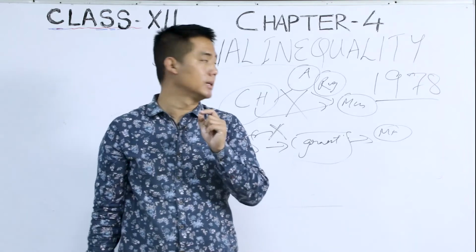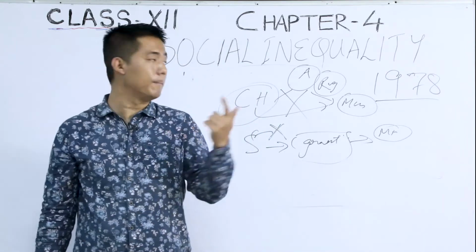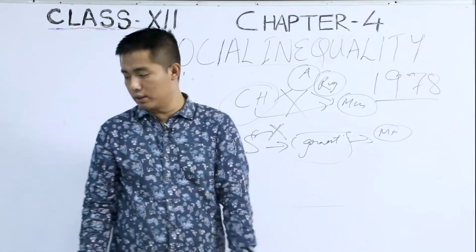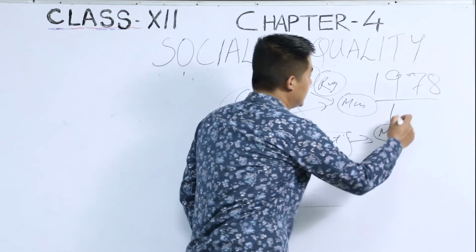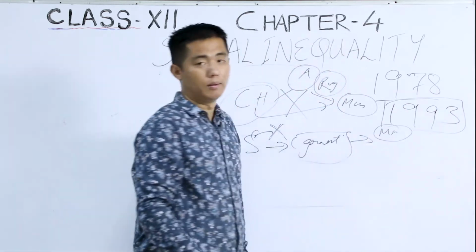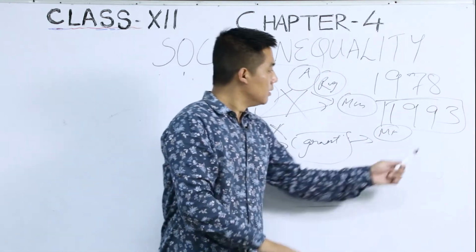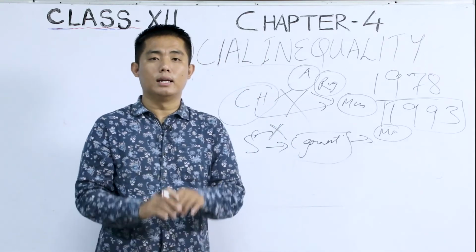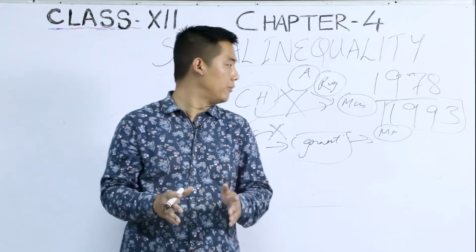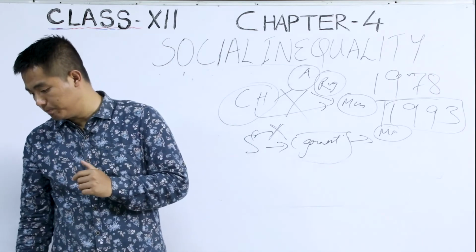Kindly mark that particular line. And this body was replaced by the National Commission for Minorities in the year 1993. I repeat again, National Commission for Minorities in the year 1993. It came into being in order to look after the welfare of the people. That is what it means here.